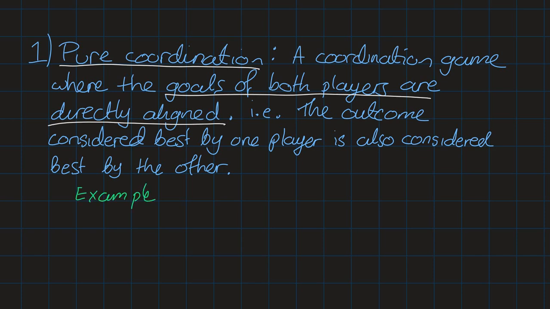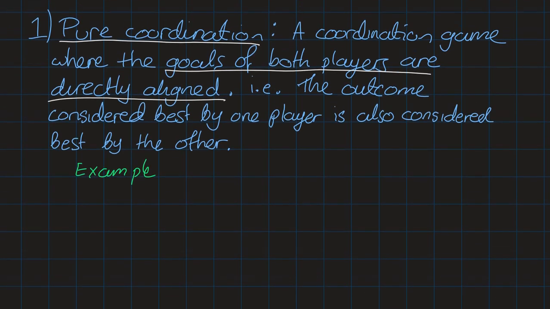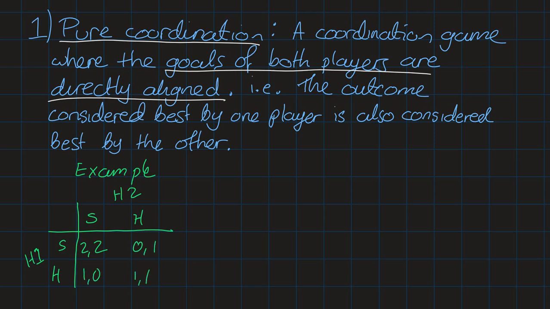well, one example could be the stag hunt, which we mentioned the other day. So if this is hunter 2, this is hunter 1, stag hare, 2 2, 0 1, 1 0, 1 1.